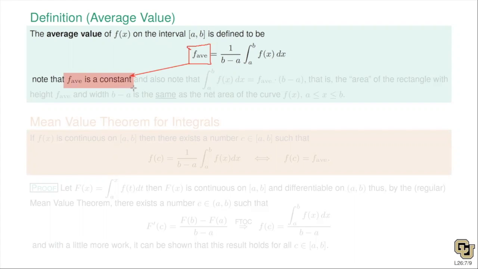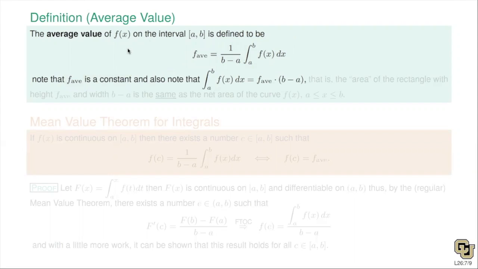But here, there's no of x. It's just the letter f with the subscript AVE for the word average. So be careful. This expression on the right-hand side, if you really look at it carefully, completely evaluates to a constant. The dummy variable, a and b are constants here, so there are no variables.